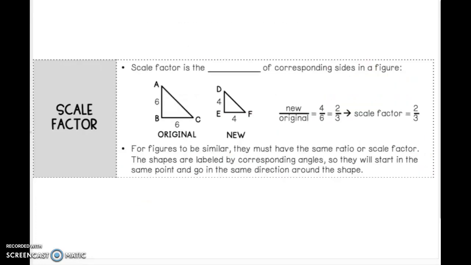Now the next one is scale factor, and we did this way at the beginning when we did proportions, and we didn't call it scale factor. I did try to introduce the language a little bit, but scale factor is the ratio of corresponding sides in a figure. So the new over the original, 4 over 6.